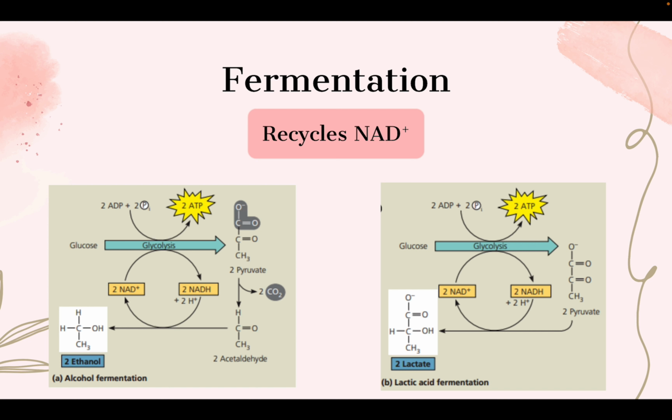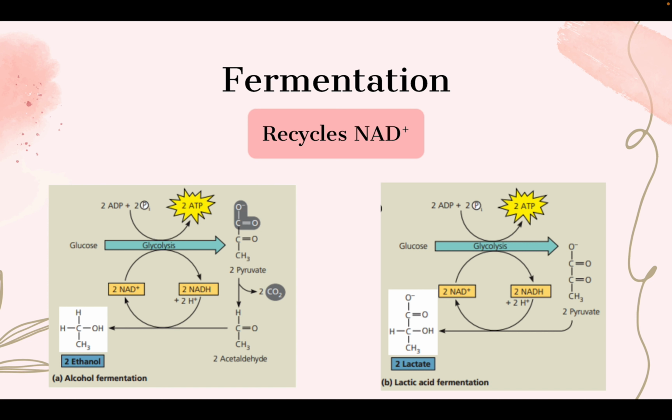And lactic acid fermentation, if you've ever been running and your legs really hurt after a while, it's because your breathing is not giving your legs enough oxygen to get energy off of cellular respiration, because that energy comes a little slower. So you're going to be using fermentation, and that's going to make lactic acid, which is what's making your muscles hurt.